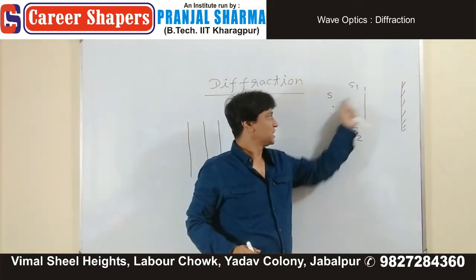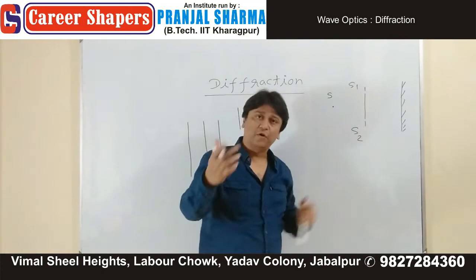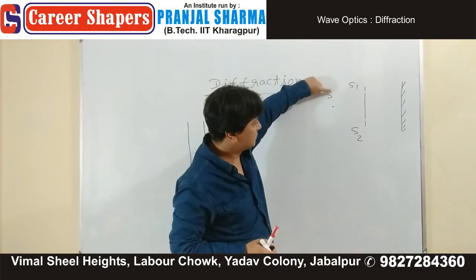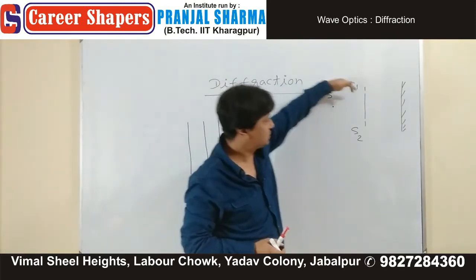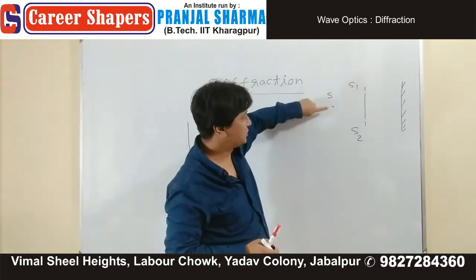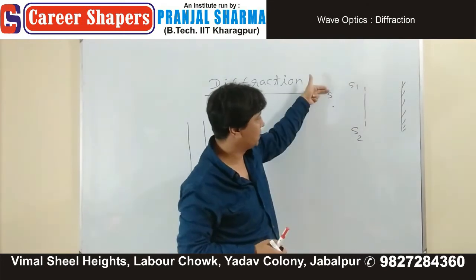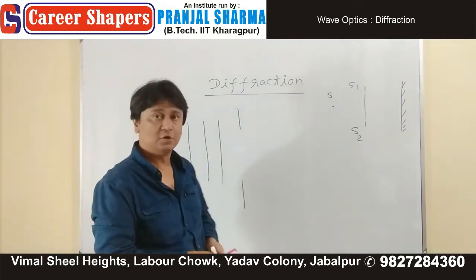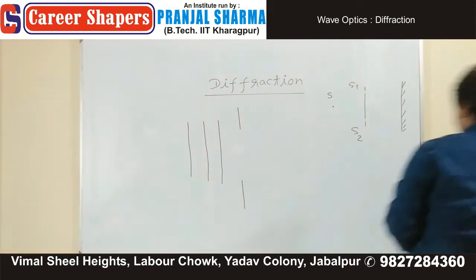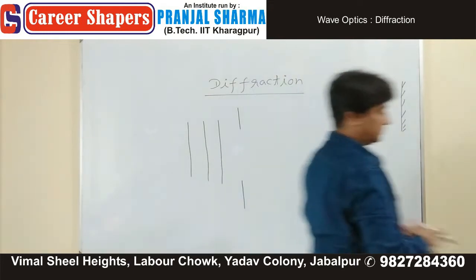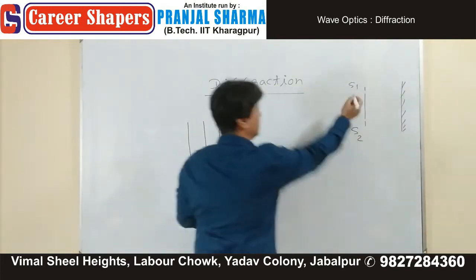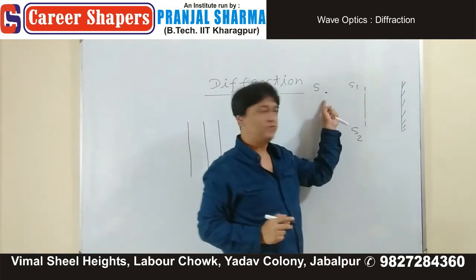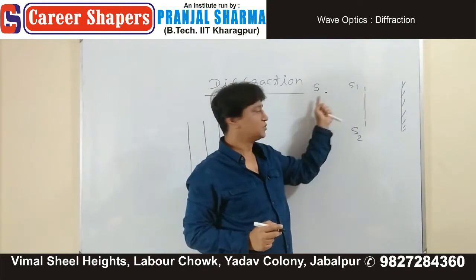Let's say this source is at a very large distance, and for simplicity also assume that the source is right here, just in front of S1. Instead of this position, if I take S over here, it will be easier for us to understand the concept of diffraction. This is the source, just in front of S1, and this distance is very large.